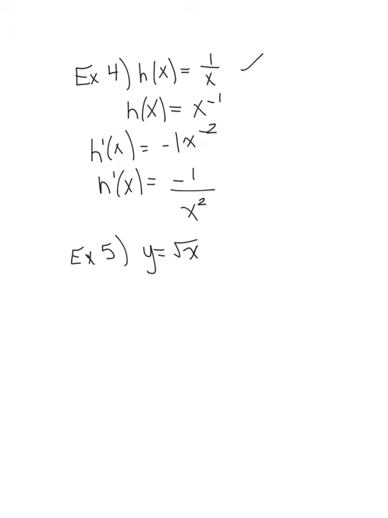For our fifth and final example, we are going to derive the radical function, so y is equal to the square root of x. Now, as I'm sure you're already thinking, we cannot use it in this form, so y is going to have to be equal to x to the 1/2.